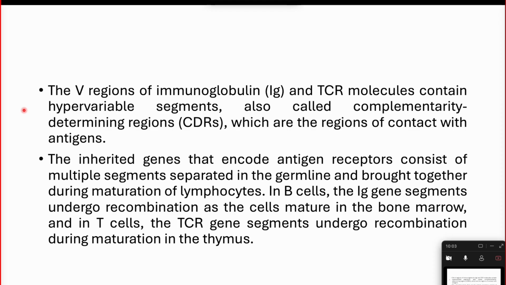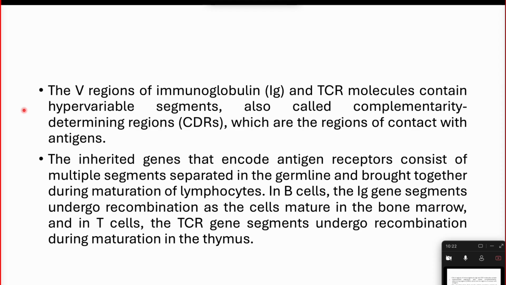The V regions of immunoglobulin and TCR molecules contain hypervariable segments, also called complementarity determining regions, which are the regions of contact with antigens.